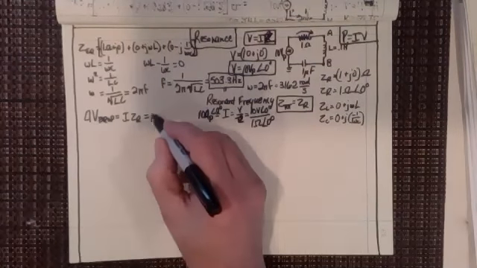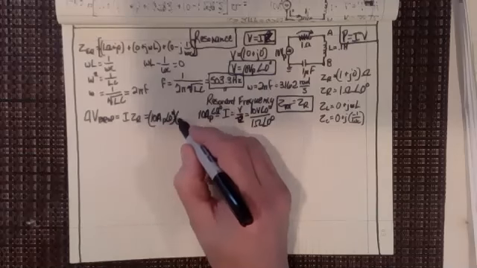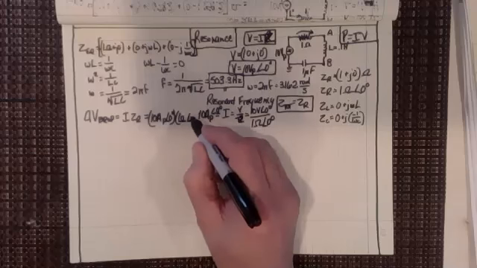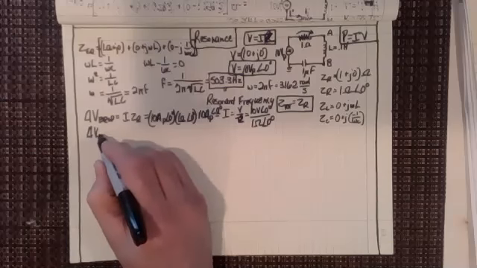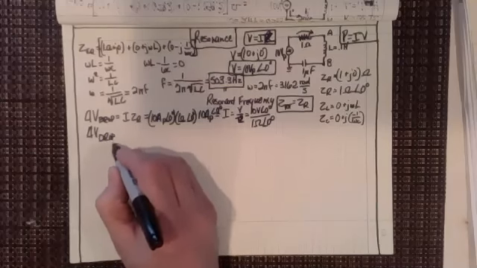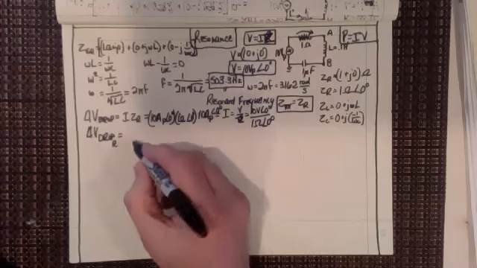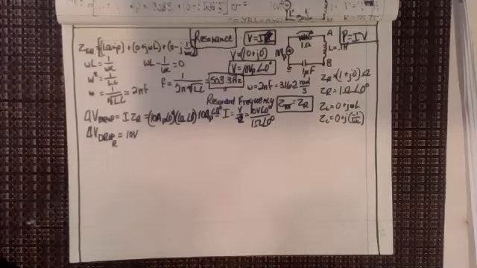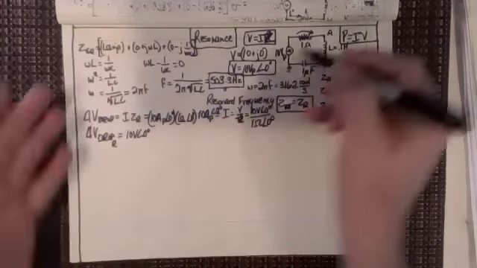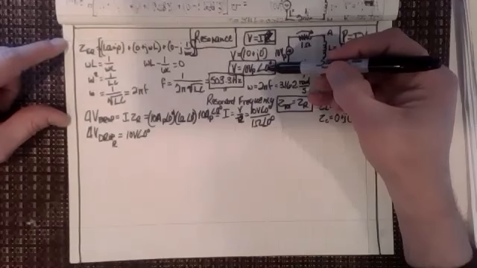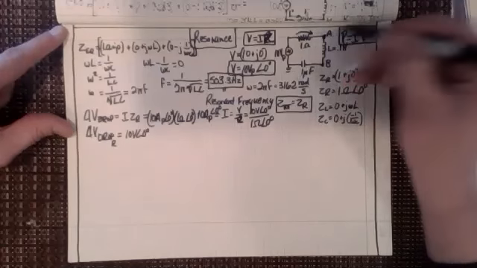So if I put this here, 10 amps peak at 0 degrees times 1 ohm at 0 degrees, I get the voltage drop across the resistor. Voltage drop across the resistor is going to be 10 volts at an angle of 0. Oh my goodness, well that's fantastic. It starts off at 10 volts at an angle of 0, and the voltage drop across the first resistor is 10 volts at an angle of 0.